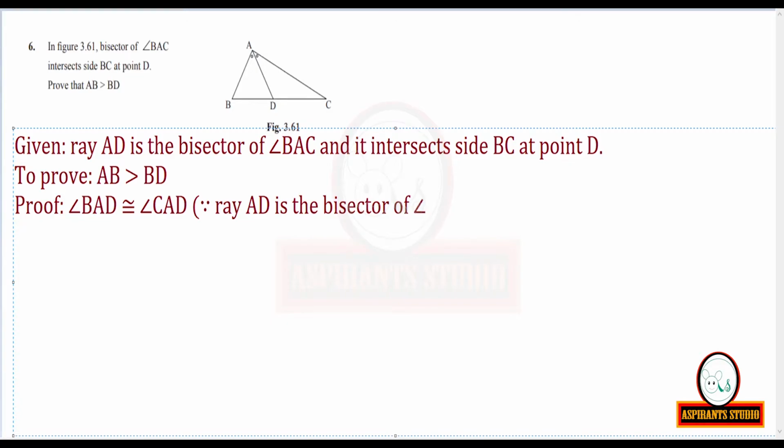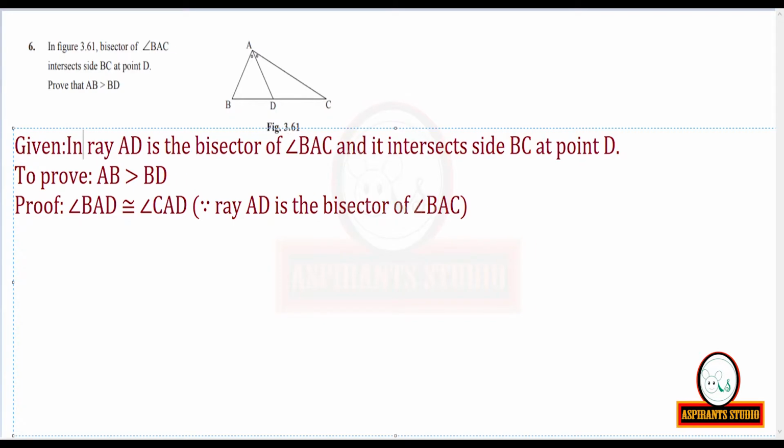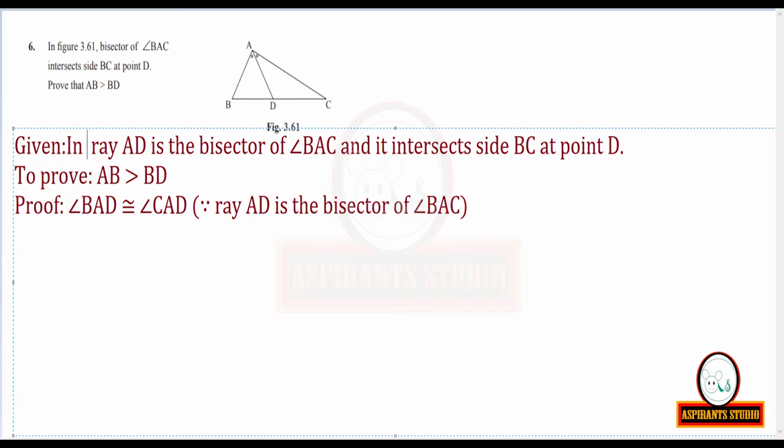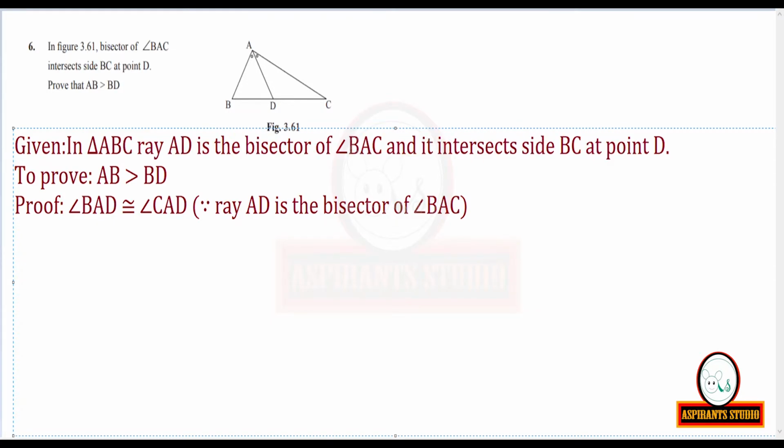Look at the figure. Angle BAD is congruent to angle CAD because ray AD is the bisector of angle BAC. Therefore, when the angles are congruent, their measures are equal. So measure of angle BAD is equal to measure of angle CAD.